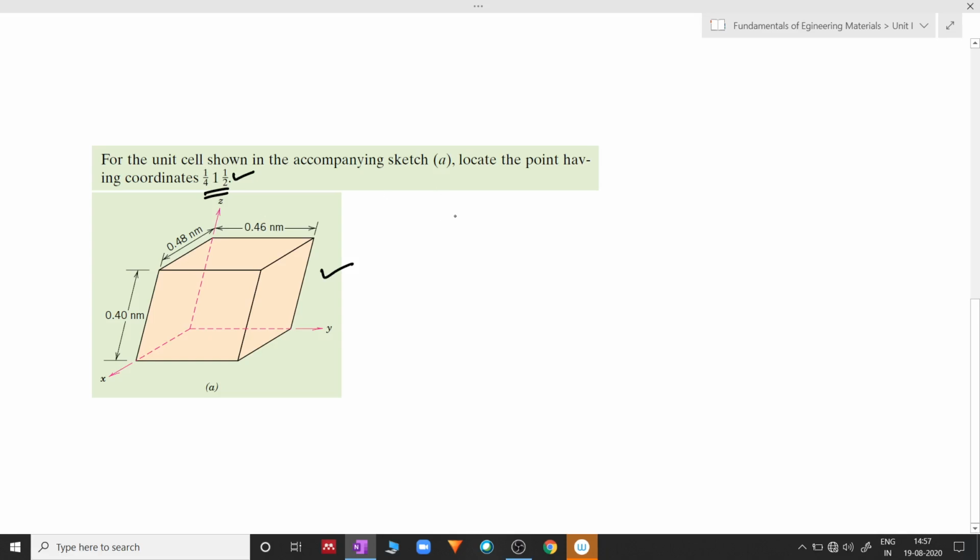In the x direction the edge length is 0.48 nanometers. Therefore 1/4 into 0.48 equals 0.12. So I need to move from the origin in the x direction 0.12. I will write here 0.12.